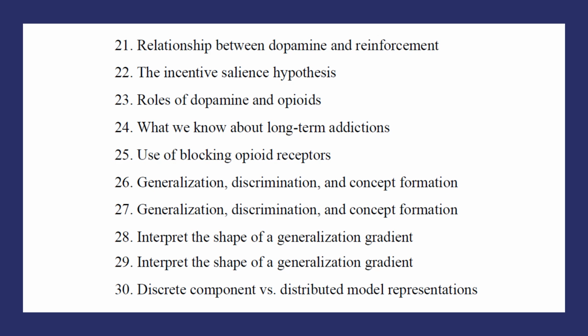Let's see, 25, use of blocking opioid receptors. Well, what could that be useful for? If you think about the theme of the previous question. Okay, 26 and 27, generalization, discrimination, and concept formation.